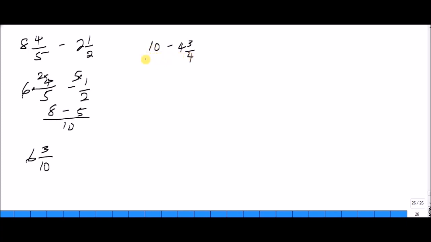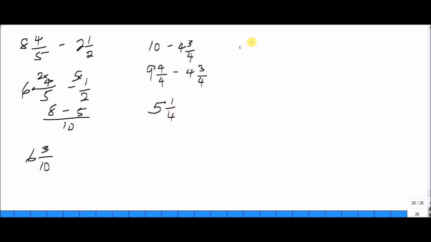We will take 1 out of the 10, so we have 9, and that one we turn it into a fraction, calling it 4 over 4 minus 4 3/4. Since the LCM is already the same, we say 4 from 9 will leave us with 5, and 3 from 4 will leave us with 1 over 4.